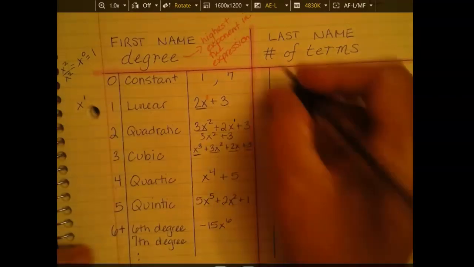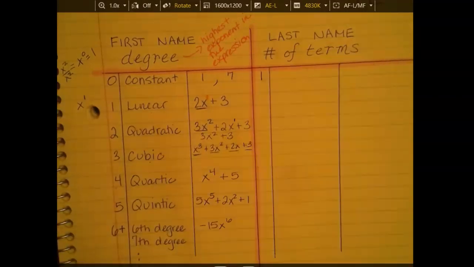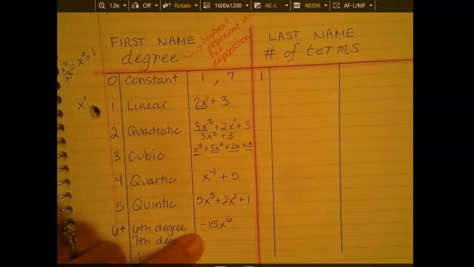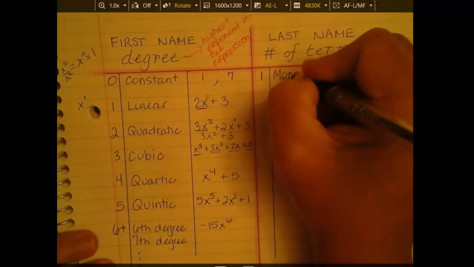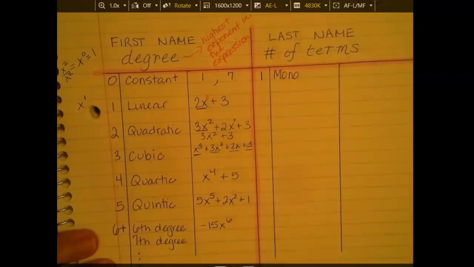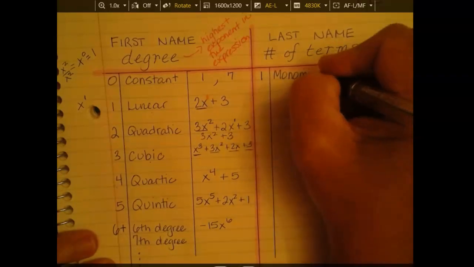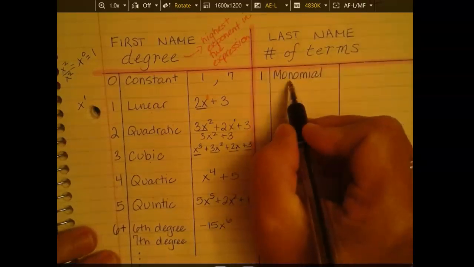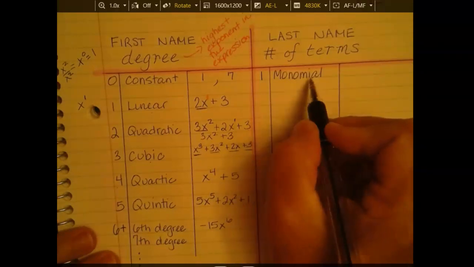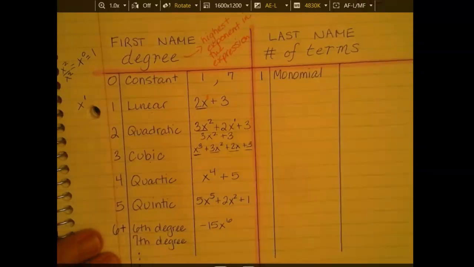So if it only has one term, like the negative 15x to the sixth, we call it a monomial. Mono means one. Like polynomial, right? Nomial, right? So we're kind of working on the same prefix and suffix as with polynomials to be specific about the number, right?